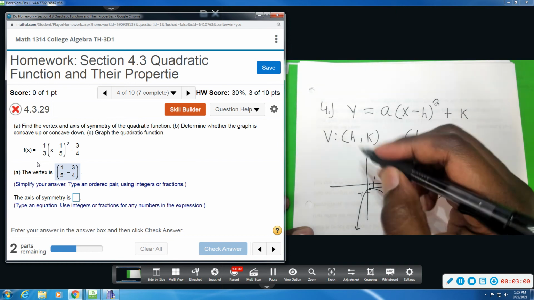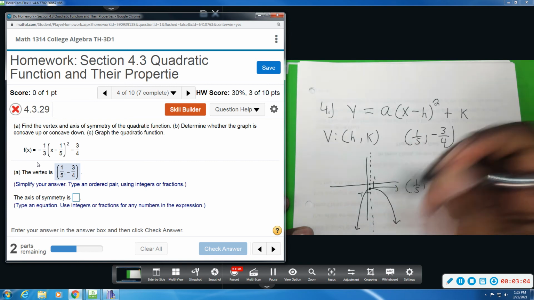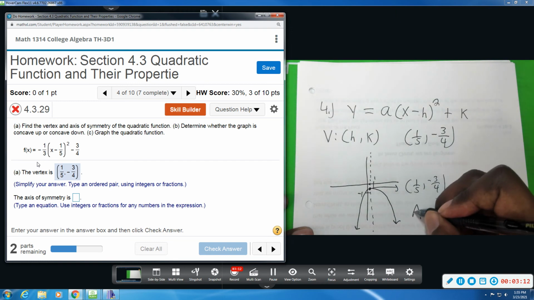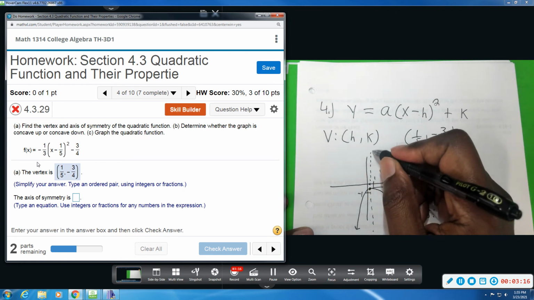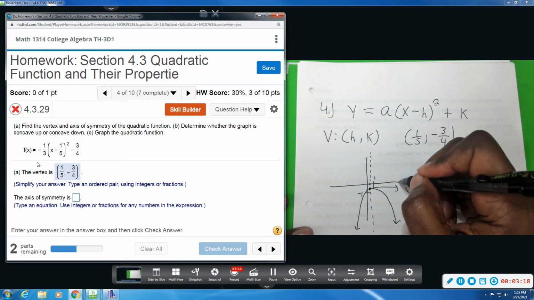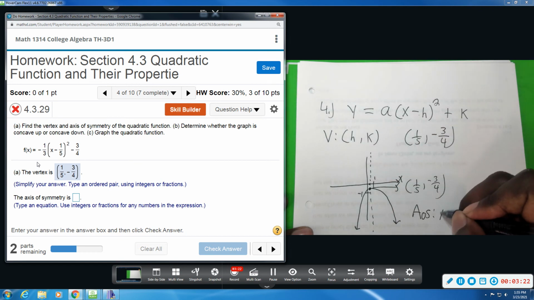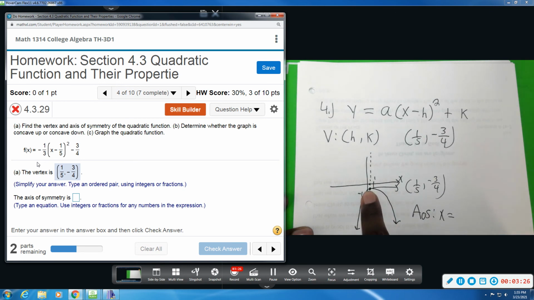All right, the axis of symmetry is just an imaginary dotted line that cuts this guy in half. So if you fold it over, you'd have a mirror image. The value of that, the axis of symmetry, I'm just going to abbreviate AOS, is x equals, because this dotted line crosses the x-axis only. So it's x equals, and it crosses at the x coordinate of the vertex.